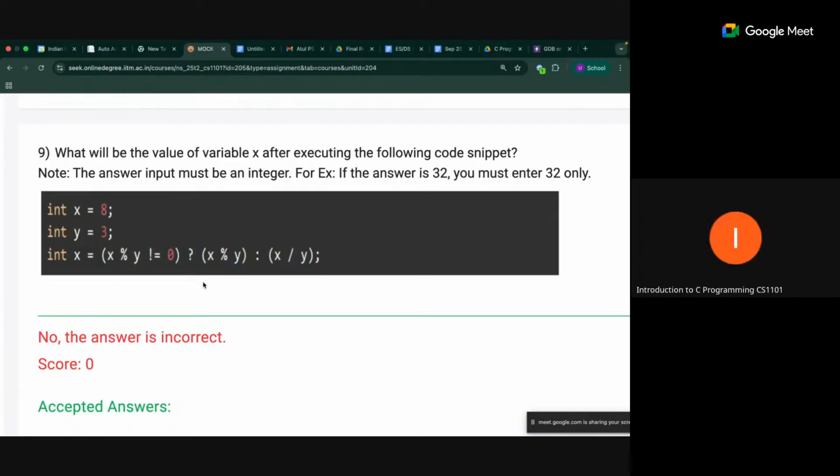Okay, how is it true? First we will check 8 mod 3, and the value is not equal to 2, because of which the condition would be true. If the condition is true, then we will take the first option, which is x mod y, and if the condition is false, then we will take the second option, which is x plus y. Exactly. It is nothing but the ternary operator.